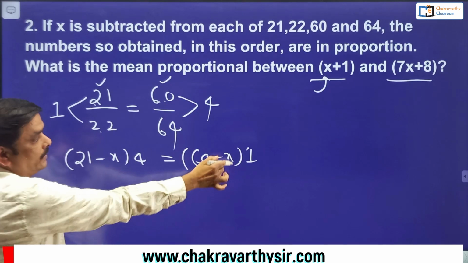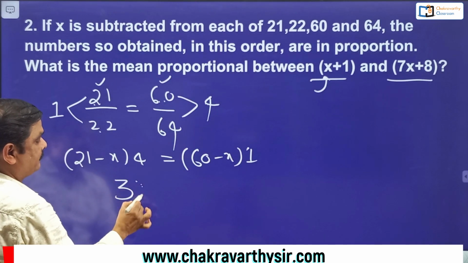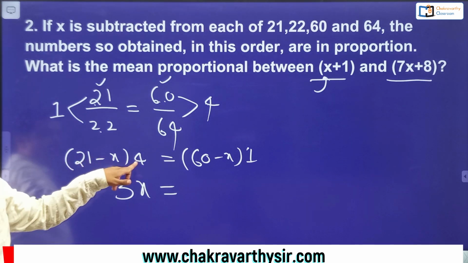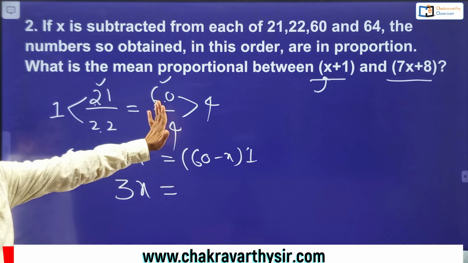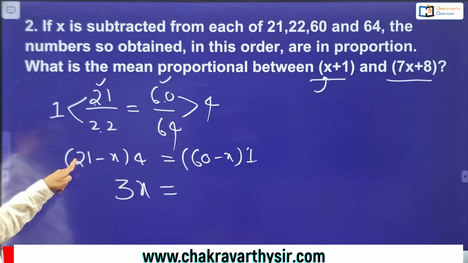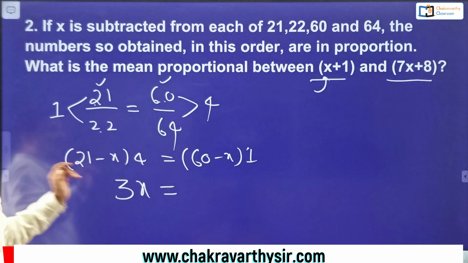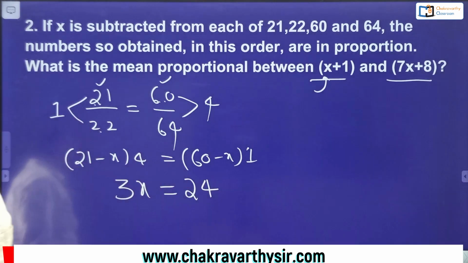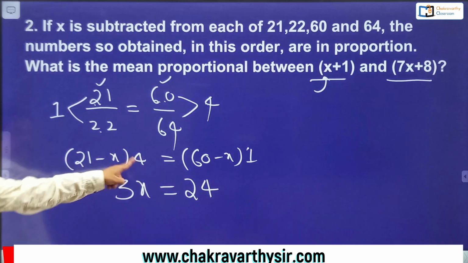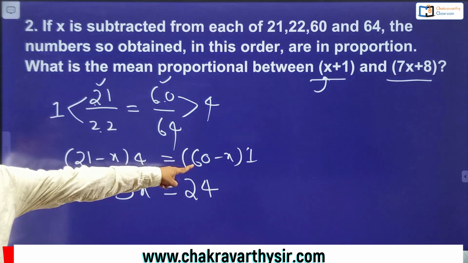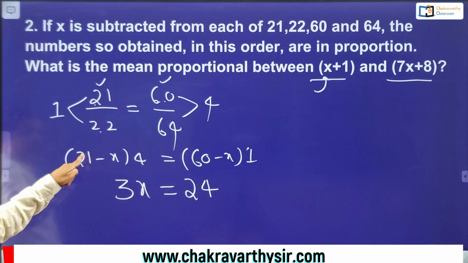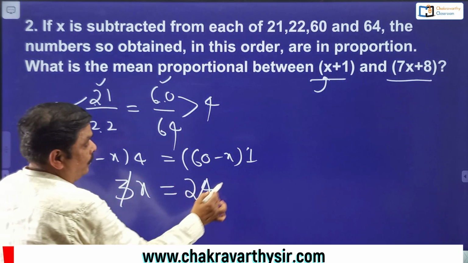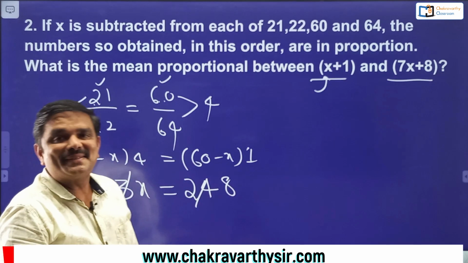That is 4x minus x, 3x is equal to, now this is 21 into 4 and that is 60. As it is, keep 60 like this. 21 into 4, that is 84. 84 and 60, the difference is 24. Simple as this one. Or simply this is 20 into 4, that is 80. 80 minus 60, difference is 20, and above that 4 is there, that is 24. Now here x is equal to 8. As simple as this one.